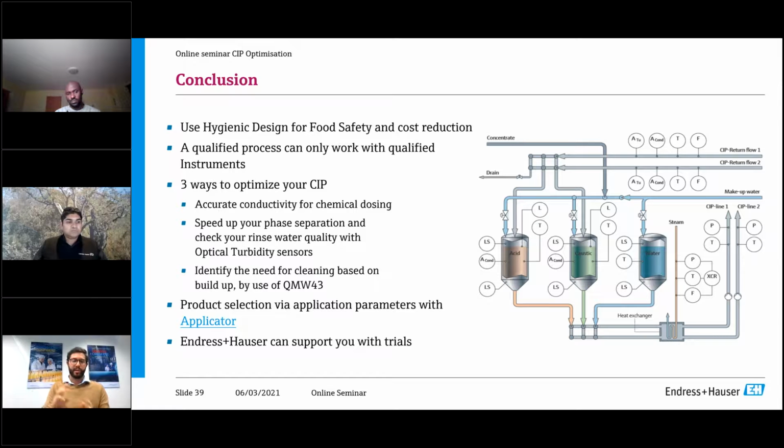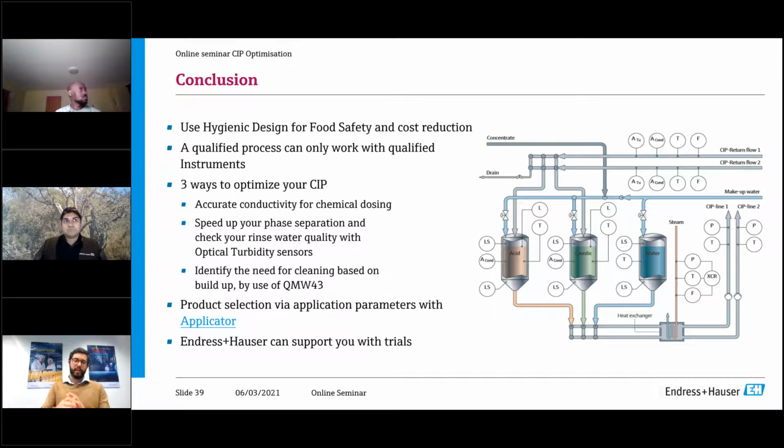Some of the highlights on the 3 ways to optimize your CIP: one, the accuracy of your conductivity sensor plays a very important role in chemical consumption. Two, phase separation using a turbidity sensor or a color sensor also plays a very important role, especially if you want to reduce water consumption and increase your product recovery.